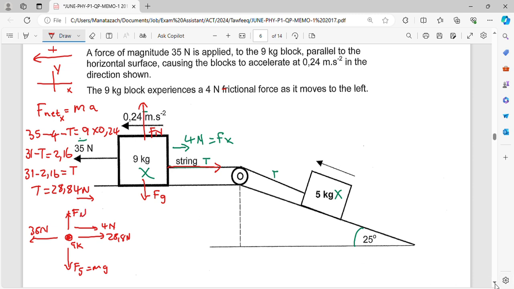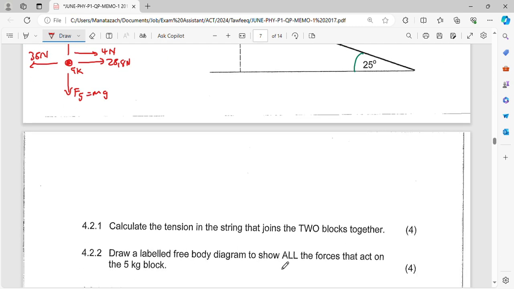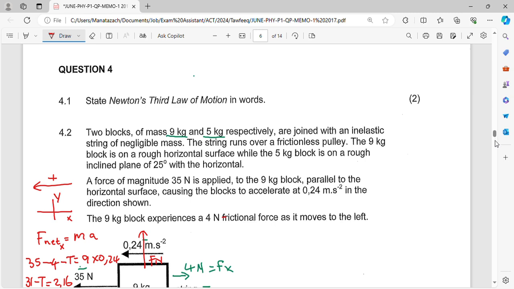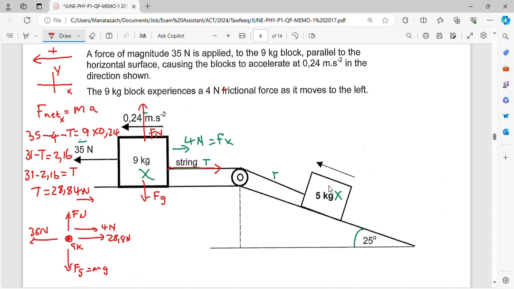Now let's go over to the next question. Draw the labelled free body diagram to show all forces acting on the 5 kg block. So now let's look at the 5 kg block. Here it is. Let me write here, that would be 4.2.2. Regarding the forces acting on the 5 kg block, firstly it's on the incline like this.